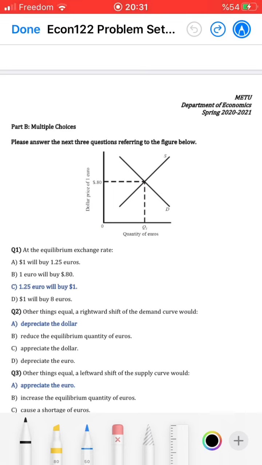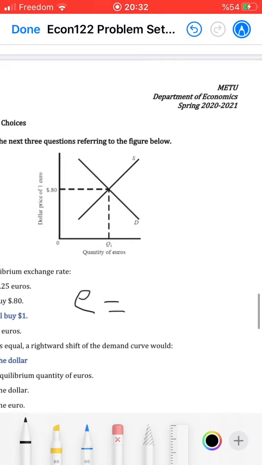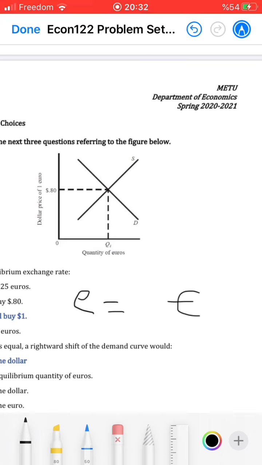Okay, now let's start with the multiple choice part of our problem set. In the first part, we are given a graph and it shows the exchange rate market between dollar and euro. If you read carefully, it is showing us how much a euro is worth in terms of dollars, right? So it shows the dollar price of 1 euro.